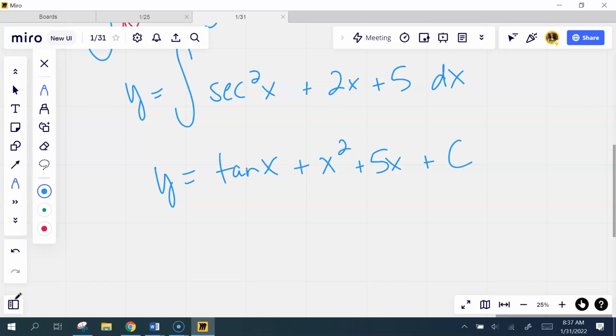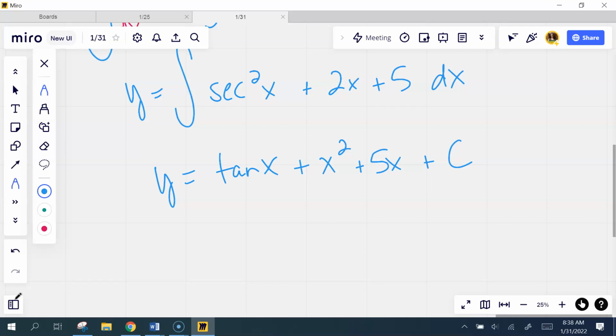Now, this one didn't give me an initial value. It didn't give me a point, so I can't solve for c, so I have to leave it there. Any constant I plug in would give me a function that satisfies that. You said not to write the c, though, when it's indefinite? But this is indefinite because there are no bounds there.